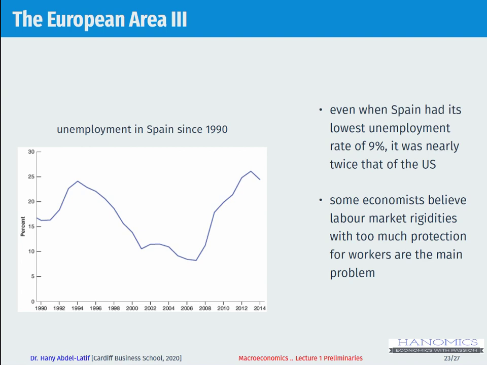Many economists believe that it's more about labor market rigidities, meaning that the labor market is not flexible, and that has to do with the regulation and the protection of workers. Some people believe that in Spain, workers are too much protected, and that's why firms or businesses become reluctant to hire new workers.